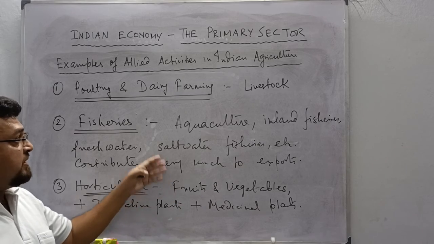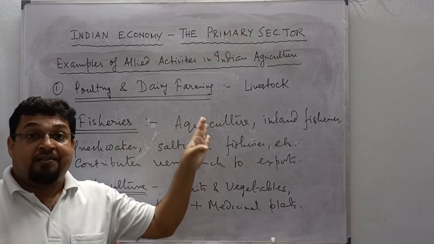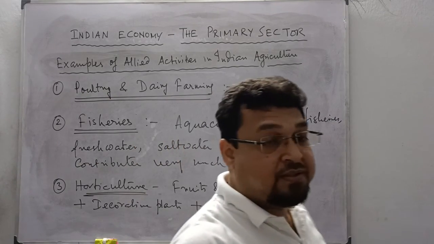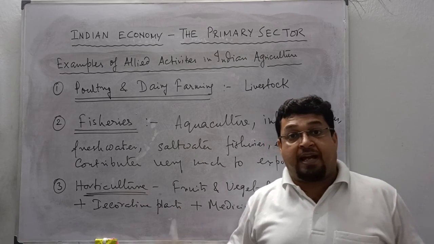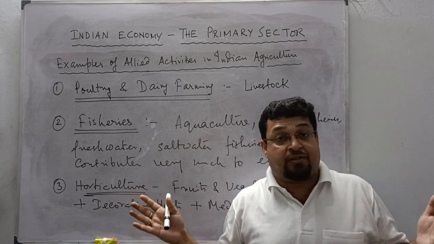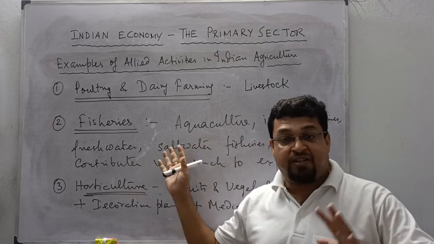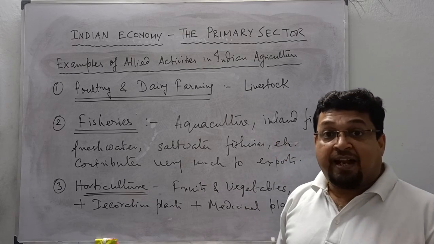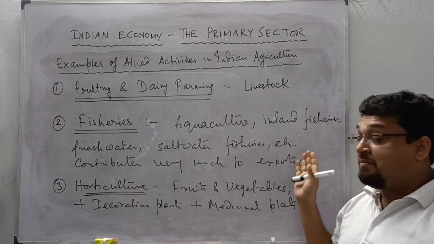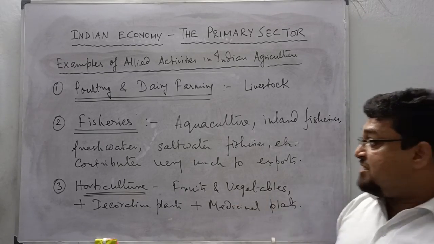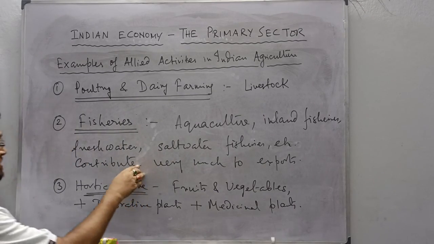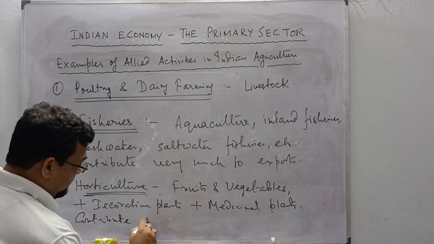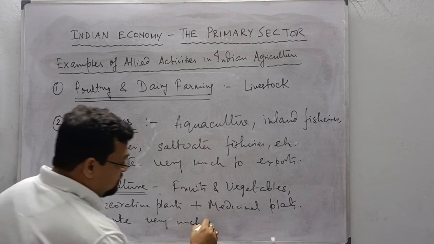Now these contribute a lot towards the employment sector, and so do all these three sectors. Why did I say that these are the three significant ones? These are the three very significant examples of the allied sectors worked in Indian agriculture, other than typical agriculture, the cultivation of crops. Among the allied activities, these are the most prominent ones and contribute very much to employment.